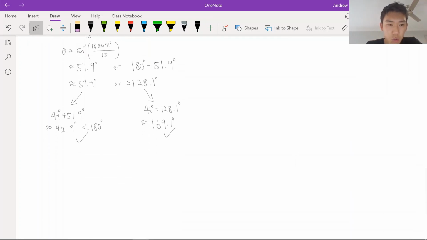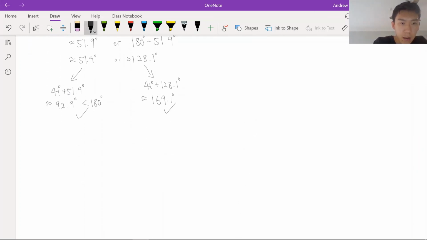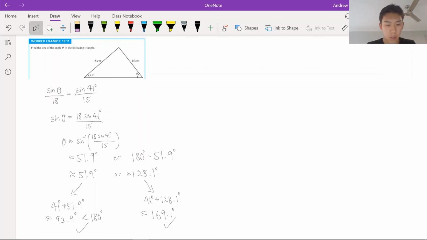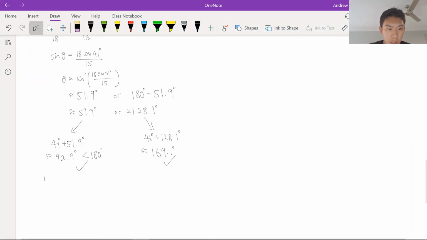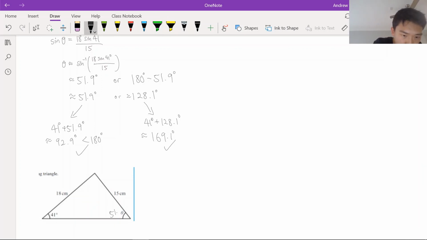All right, so if I draw this for you, hang on. So if we're going to use 51.9, okay, then it would look something like this. Well, this diagram already kind of works out, right? Because then this could be 51.9 degrees. But if we were to use this one, okay, we would have, let's say, 18 centimeters there, 41 degrees there.